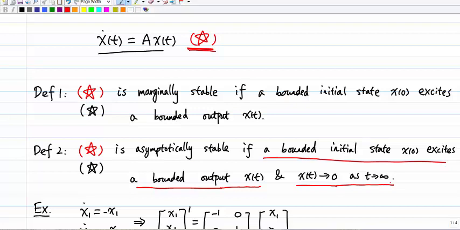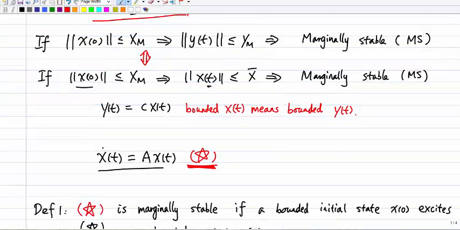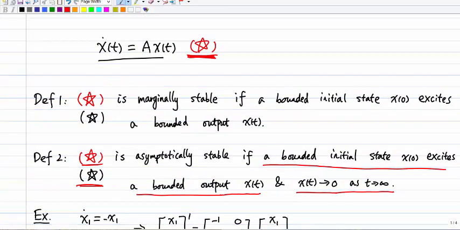Notice that even though the definition is based on the red one, it also implies the black one is asymptotically stable. Again, that's because my y sub t is equal to C times x sub t. Now C is constant, so a bounded x t means a bounded y sub t. So that's the definition of marginal stability and asymptotic stability.